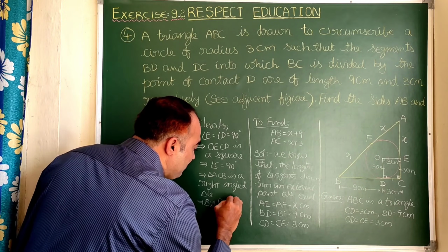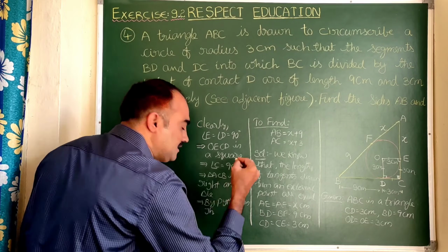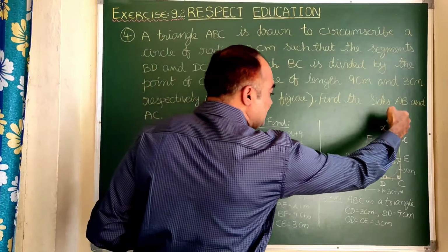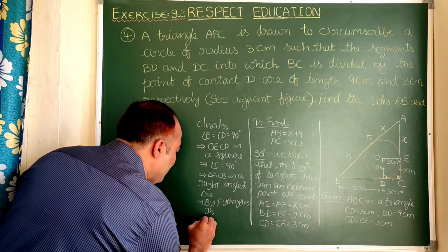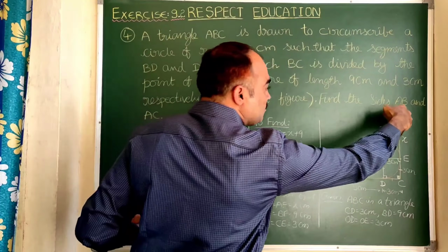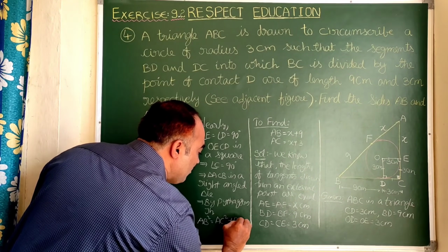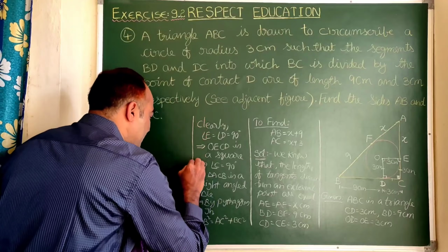By Pythagoras theorem, hypotenuse square, that is AB square, equals the sum of the squares of the other two sides, AC square plus BC square.